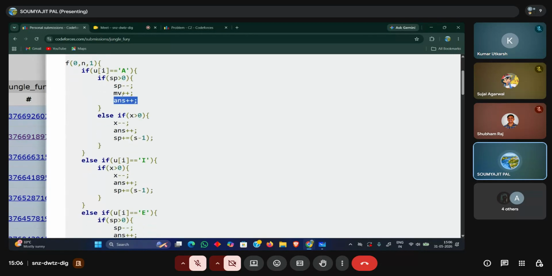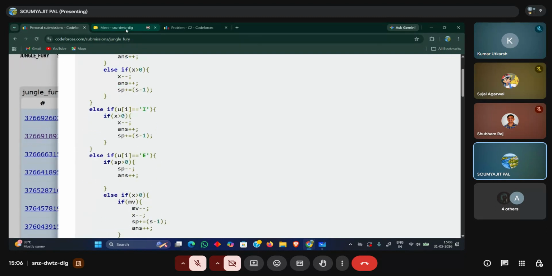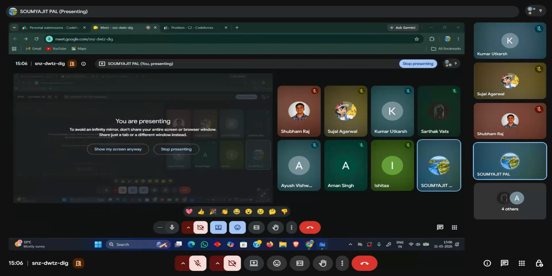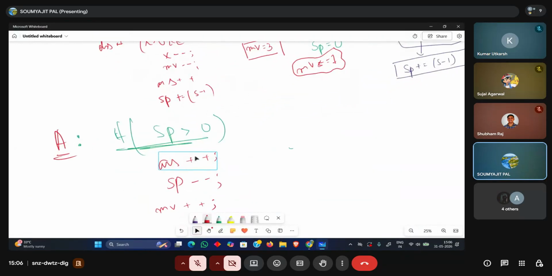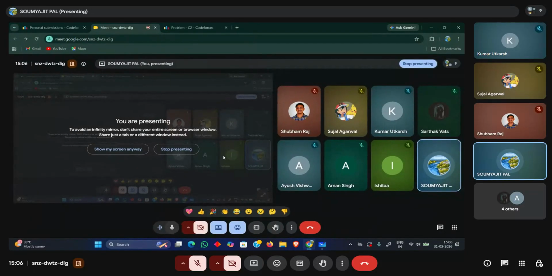And also if it is not possible, I naturally have to take an empty table and use it. The number of empty tables has decreased, I've increased my answer, and now the seats have increased. I hope this explanation is clear to you. If you have any doubts, you can ask. Okay, thank you.